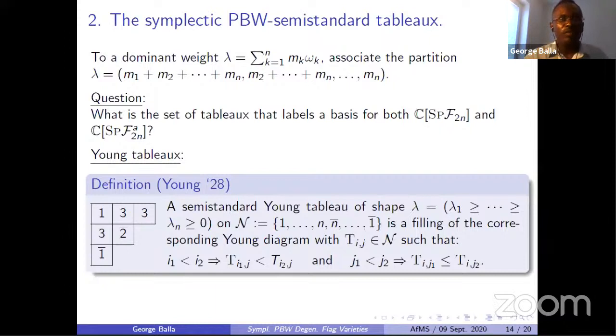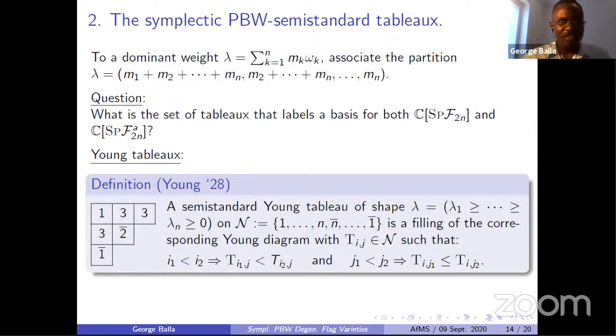So one can start from Young tableaux. These are the most common elements in the representation theory of groups and Lie algebras. Let's recall briefly what they are. If we have a general partition lambda_1 up to lambda_n, we can associate a Young diagram like before, and we take entries from the set we had before, 1 to n bar to 1 bar, which is actually the set 1 to 2n.